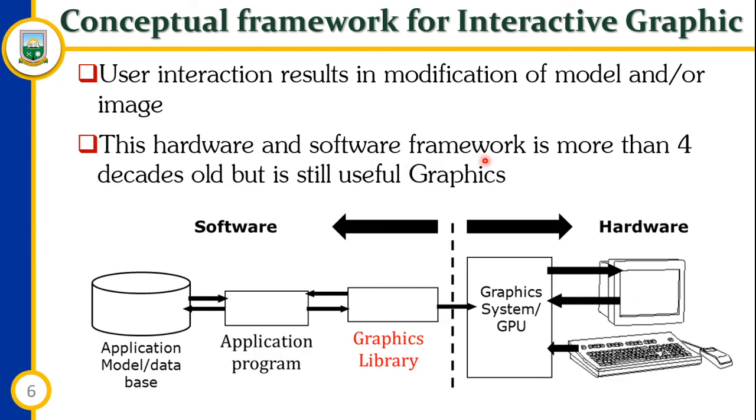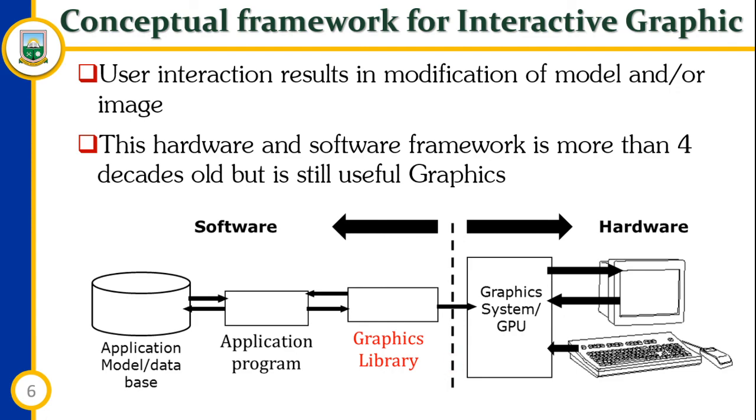Now, this hardware and software framework is about 4 decades old, but it is still useful whenever we talk about computer graphics. So for the conceptual framework, this is what interactive graphics looks like. Of course, it is an old architecture, but it still works in our current state.